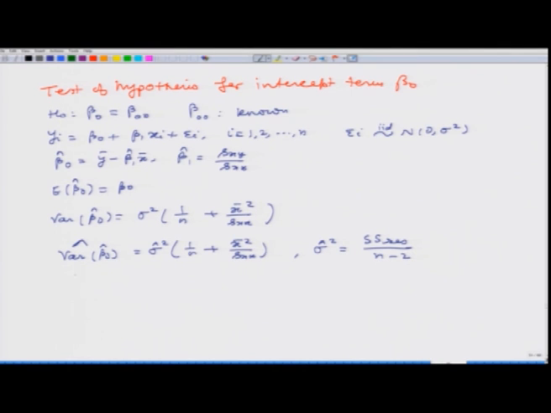We can show that this beta 0 hat is a linear function of the normally distributed random variables y's. So, it also follows a normal distribution with mean beta 0 and variance sigma square times 1 over n plus x bar square over Sxx.